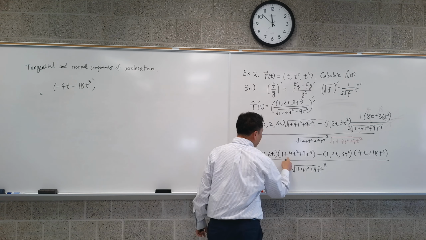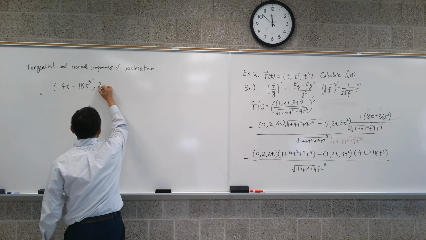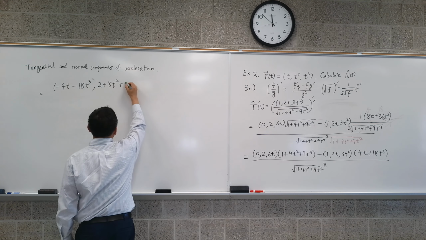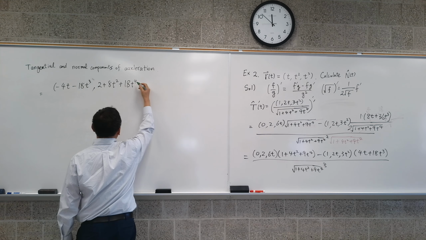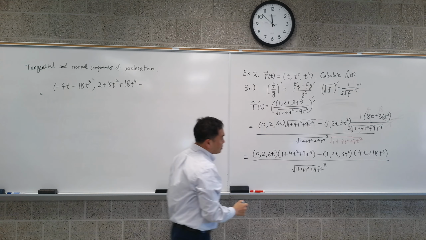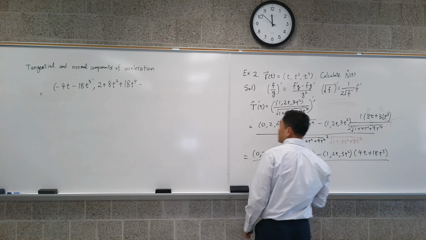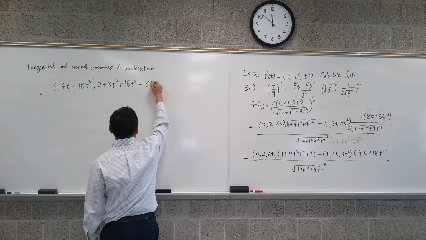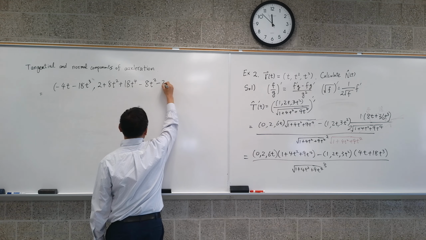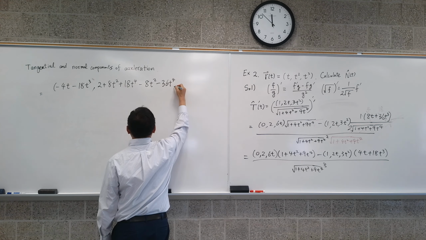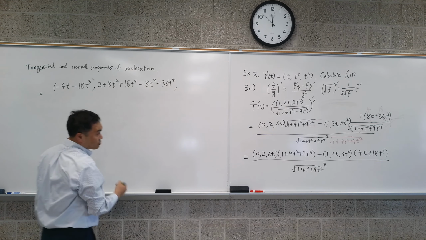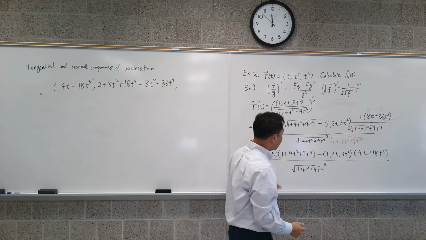And the second one will be 2 plus 8t squared plus 18t to the fourth minus, and then 2t has to be multiplied here, so we minus 8t squared minus 36t to the fourth, comma, and I don't have enough room, so I'll have to go down here.